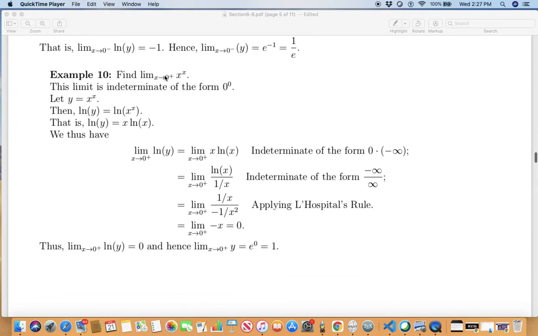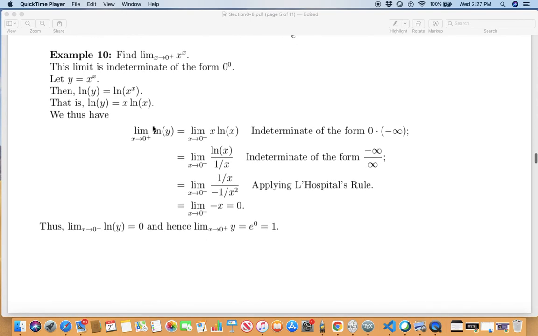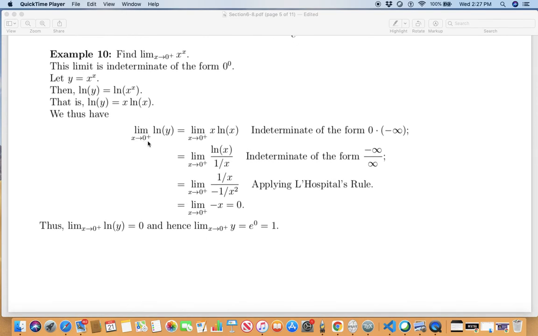That's your final limit. Here is another example. Find the limit as x approaches 0 from the right of x to the x. 0 power 0, that's indeterminate. So what do we do? Set y equals x power x, natural log y, x comes down, x natural log x. Now if I take the limit as x approaches 0 from the right of x natural log x, that's 0 times negative infinity, indeterminate.